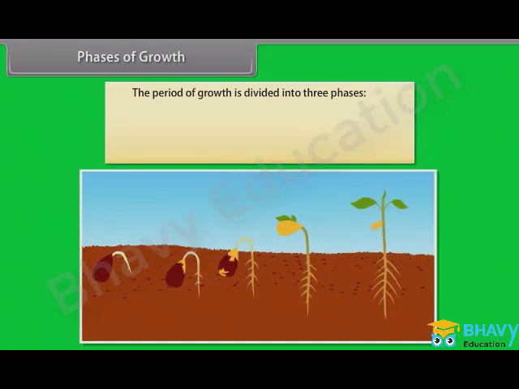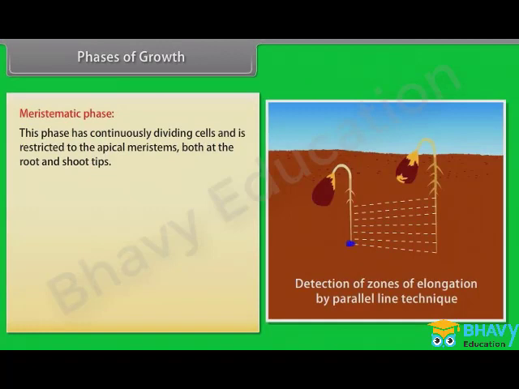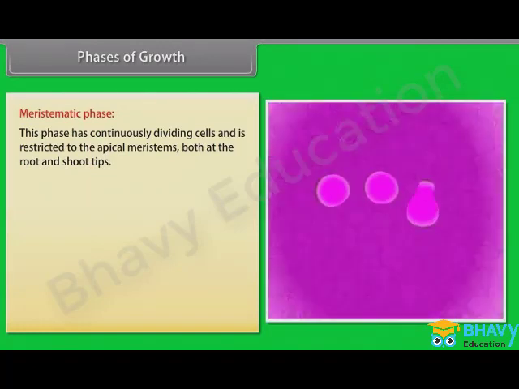Phases of growth. The period of growth is divided into 3 phases: meristematic, elongation and maturation. Meristematic phase. This phase has continuously dividing cells and is restricted to the apical meristems, both at the root and shoot tips.